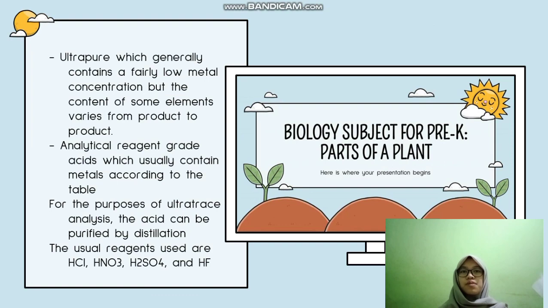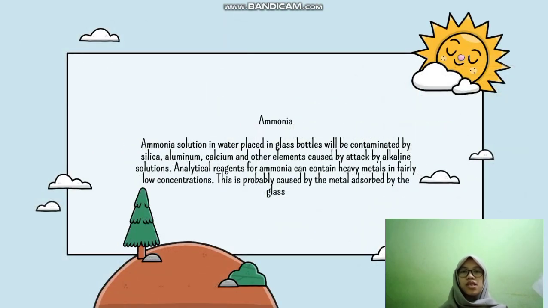Analytical reagent grade acid usually contains metals according to the table, and is not suitable for the purpose of ultra-trace analysis. The acid can be purified by distillation, and the usual reagents used are HCl, HNO3, H2SO4, and HF. Ammonia solution.